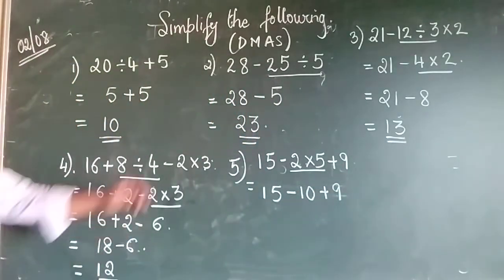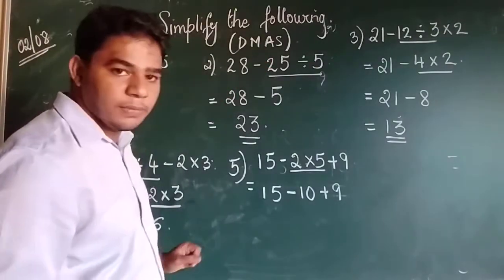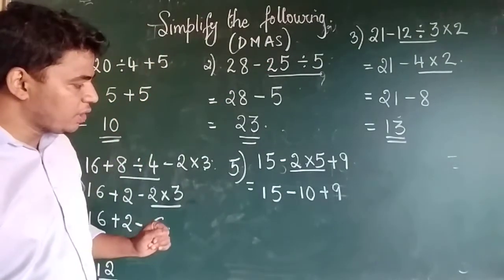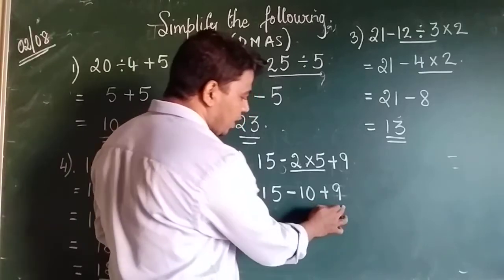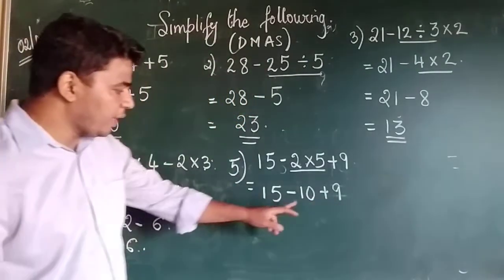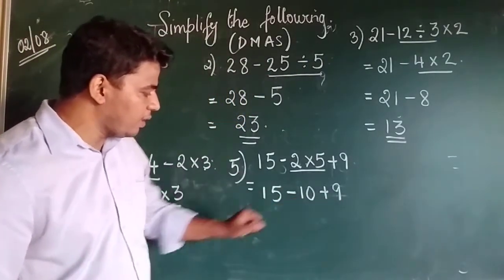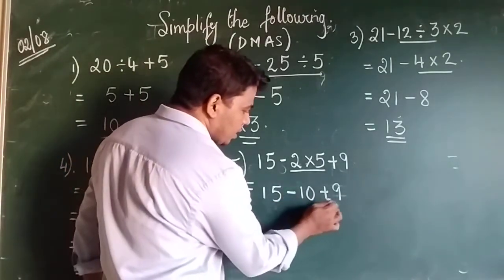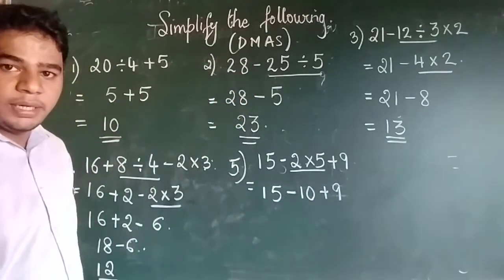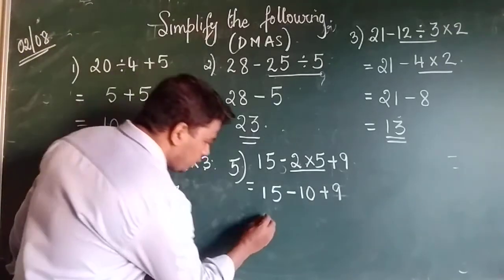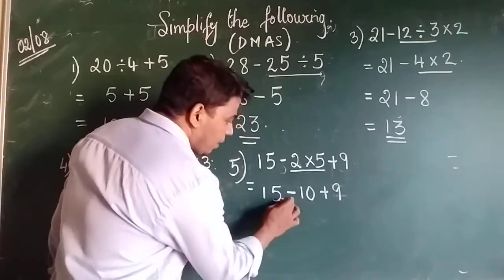Now here as per this we have to do addition. Okay, don't get confused here by adding 10 plus 9. You cannot add 10 plus 9. It is not 10, it is minus 10 plus 9. Okay, it is minus 10 plus 9.